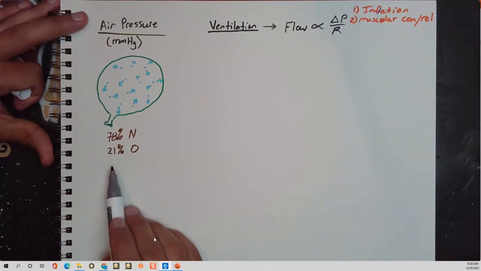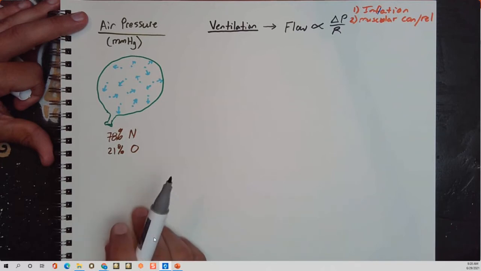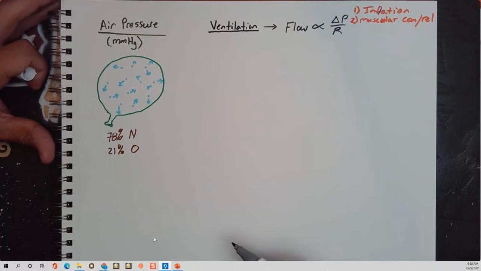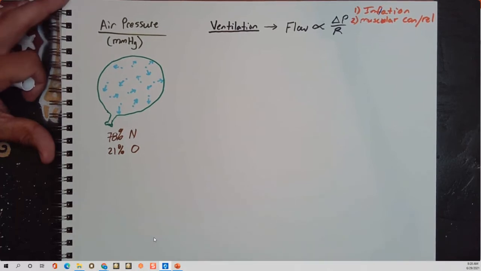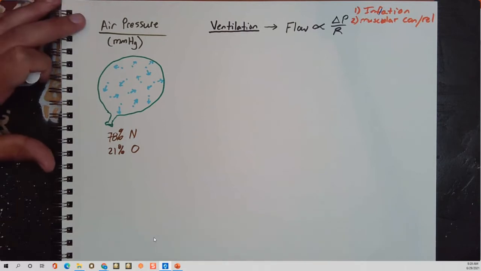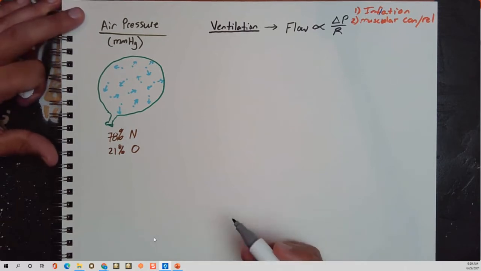What's going on with the rest of the air? Well, the rest of the air are those other gases that you were talking about, for sure. Water, definitely in the air around you. Hydrogen's definitely in the air around you, but the concentration or total partial pressure of those is really, really low.